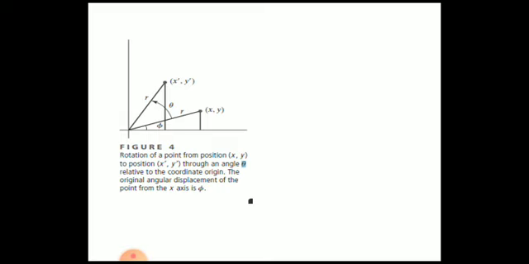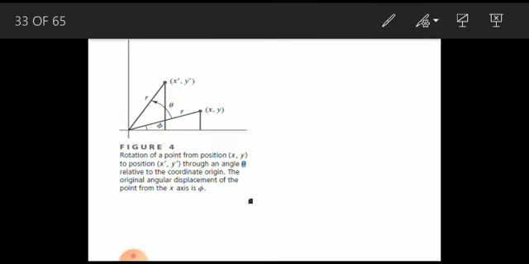Alright, so let us look at this figure here. Now in this figure he has given a line segment, or a point, in fact. The original point is defined with the values x comma y. Rotation of a point from the position x comma y to the position x dash comma y dash through an angle theta relative to the coordinate origin.